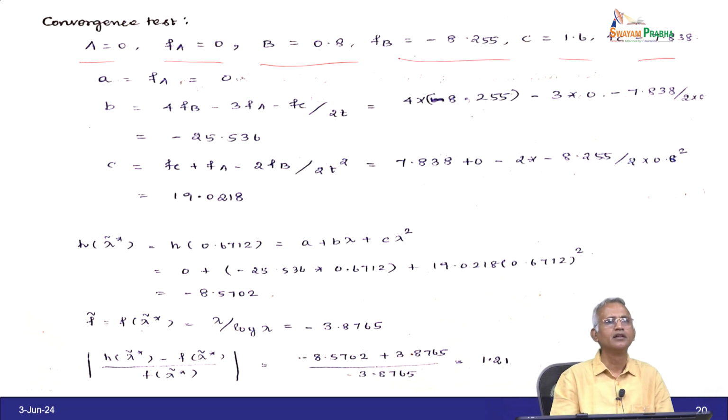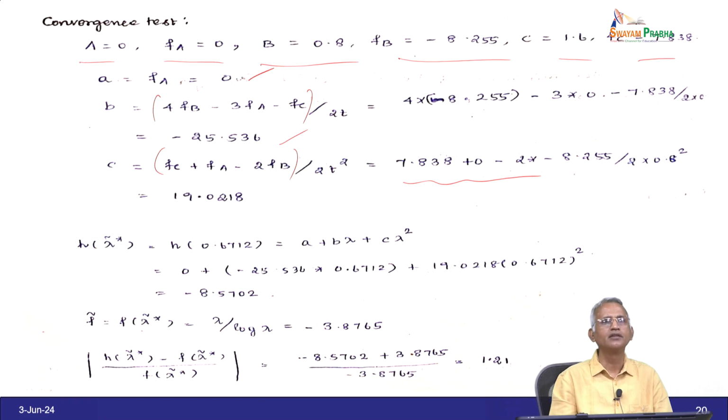Now, the rule is A equal to Fa, Fa is 0 therefore, A is 0, B equal to (4Fb minus 3Fa minus Fc) by 2T which is equal to 4 into minus 8.255 minus 3 into 0 minus 7.83 by 2 into 0.8 which is equal to minus 25.536 and C equal to (Fc plus Fa minus 2Fb) by 2T square which is equal to 7.838 plus 0 minus 2 into minus 8.255 divided by 2 into T square.